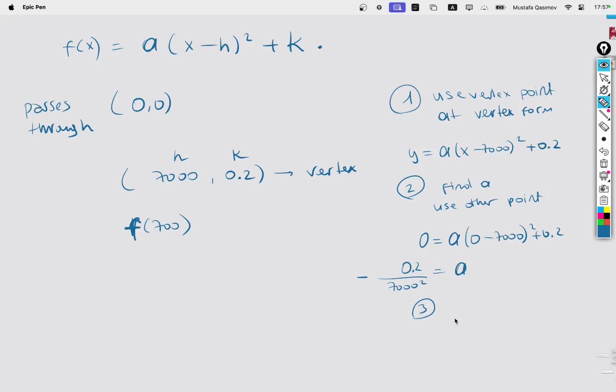Third one, write this value instead of a. y is equal to negative 0.2 over 7,000 squared multiplied by (x minus 7,000) squared plus 0.2. Is it clear for everyone? This is how to find the equation.